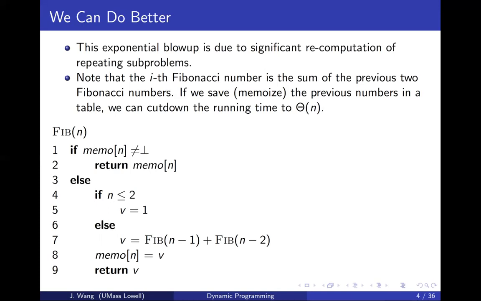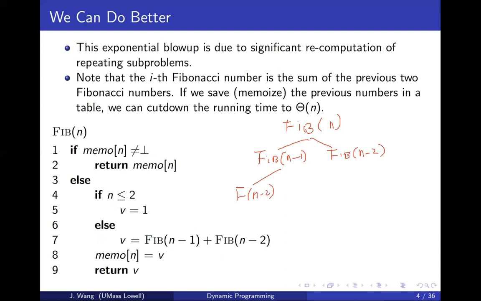So remember earlier when we looked at this FIB of n, we get FIB of n minus 1, FIB of n minus 2, and then this is Fn minus 2.